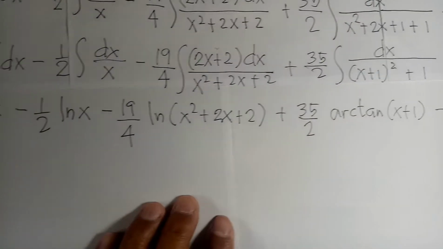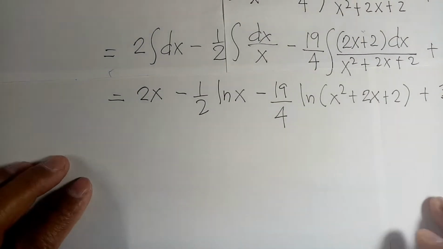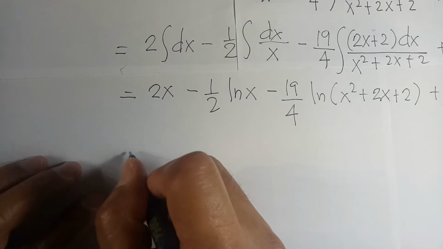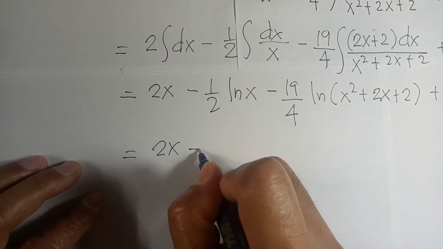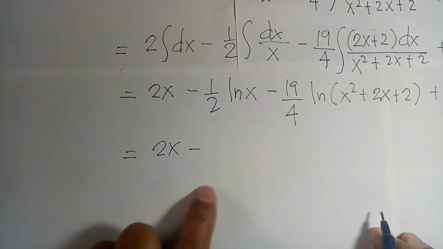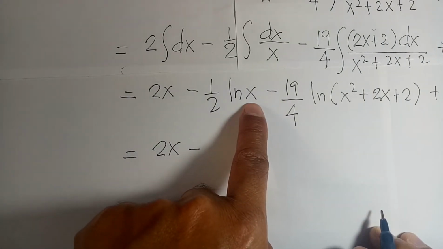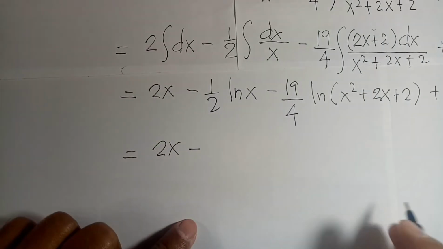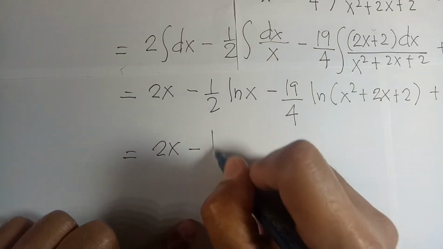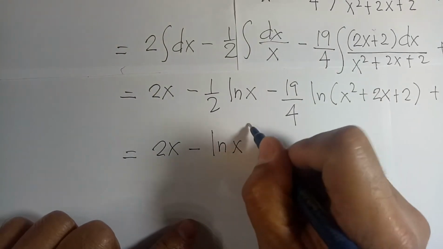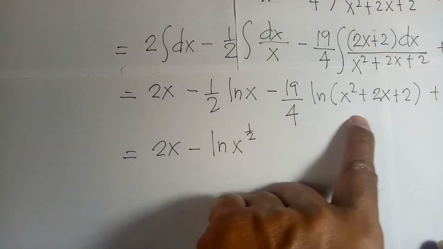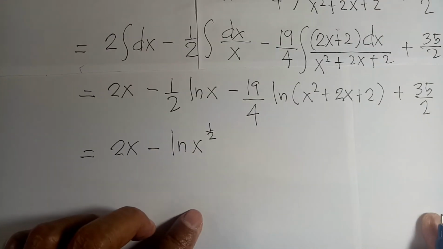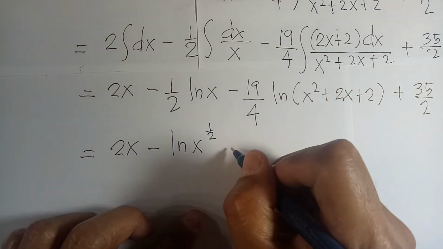Okay? So, kakaroon tayo ng 2x, and then minus. So, dito, i-apply natin yung logarithm of a power. So, ln of x raised to 1/2. So, dito rin, applyan natin ang logarithm of a power. So, minus 19/4.